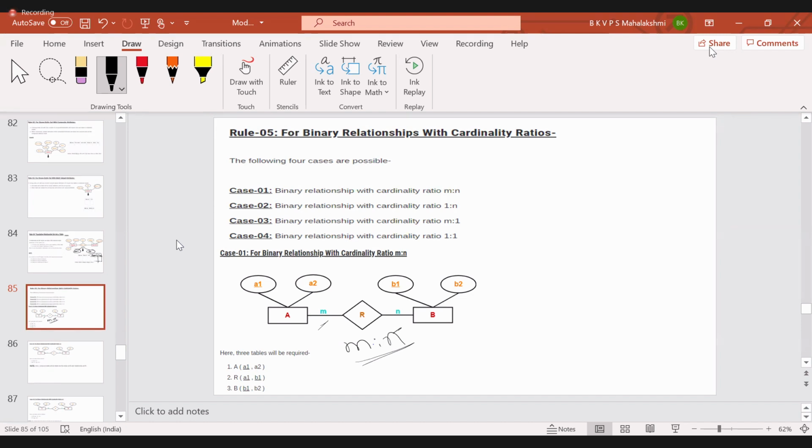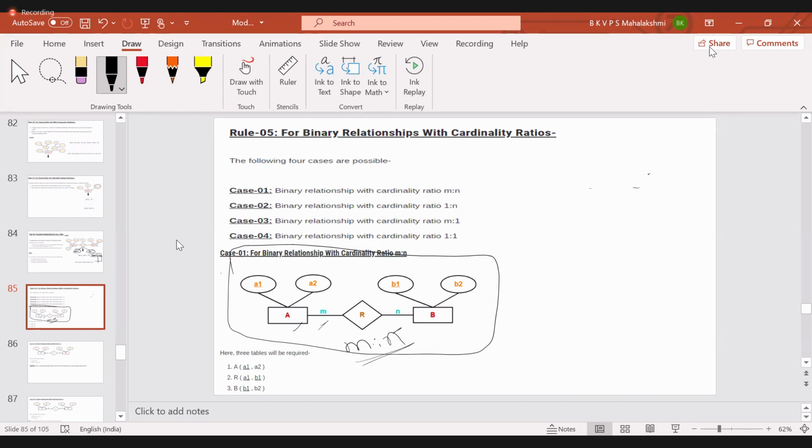How do we convert this particular ER diagram into tables? Because in the software, we have to take the tables and write the queries, and after that we show our results for the specific question. So before writing the query, at first we have to take the tables, and decide which attributes we have to take.